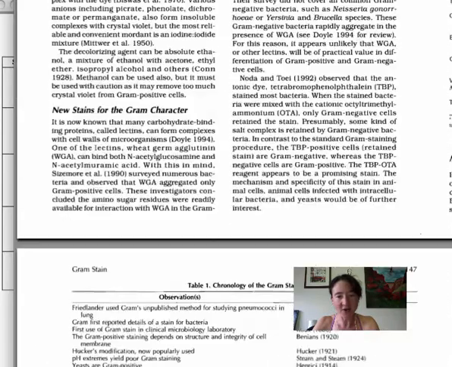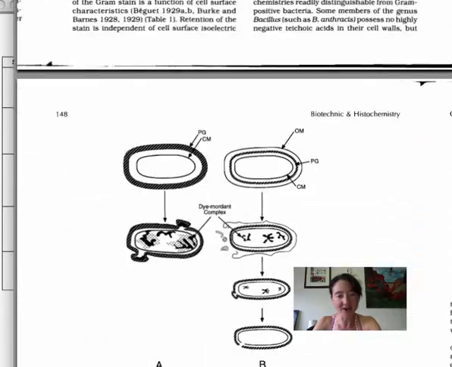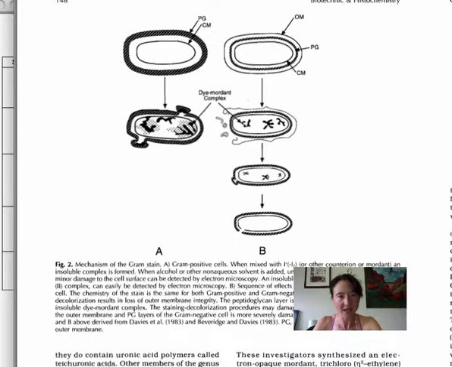But then if you go a little further down, there's a cheesy figure showing the difference between the gram-positive and the gram-negative cell, noting that thick peptidoglycan layer in the gram-positive cell is really responsible for maintaining the complex. And this is in the gram negative, which you see in B on the right.